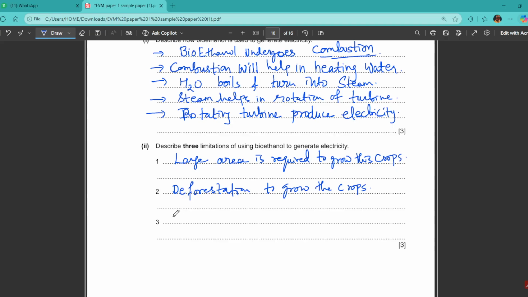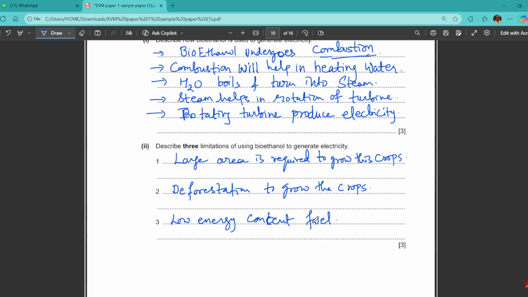So we mention here low energy content fuel.